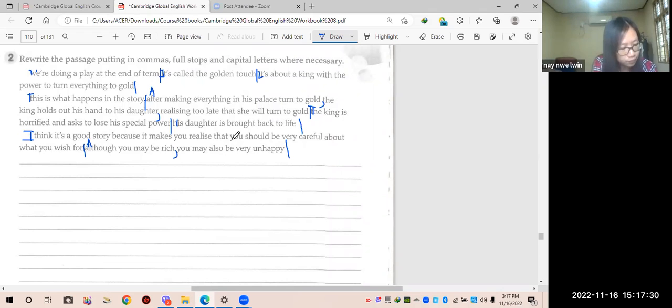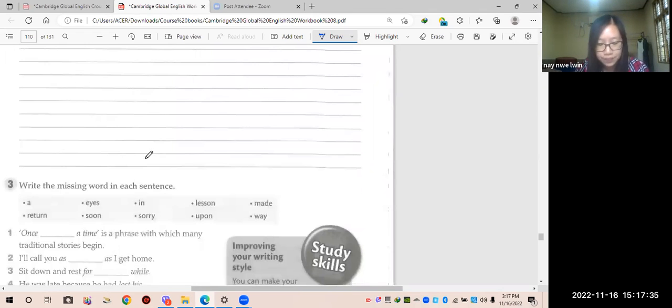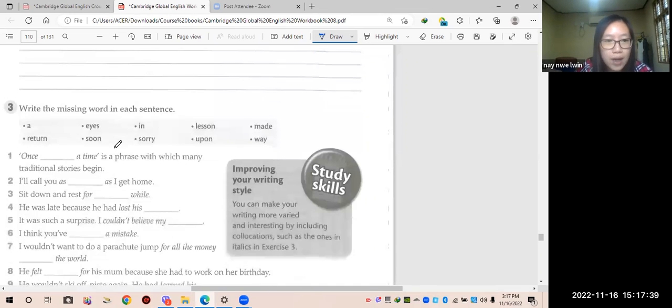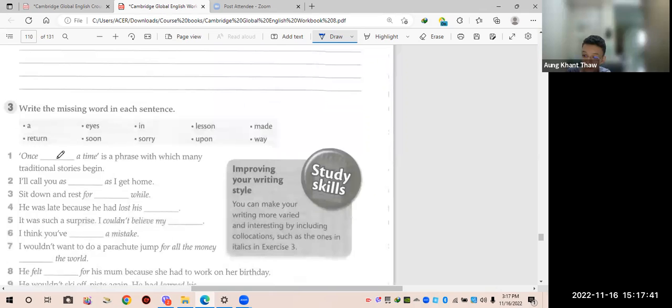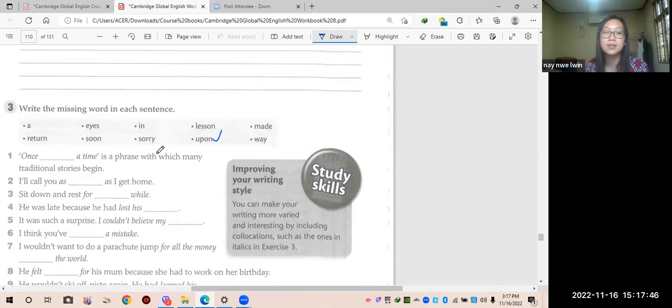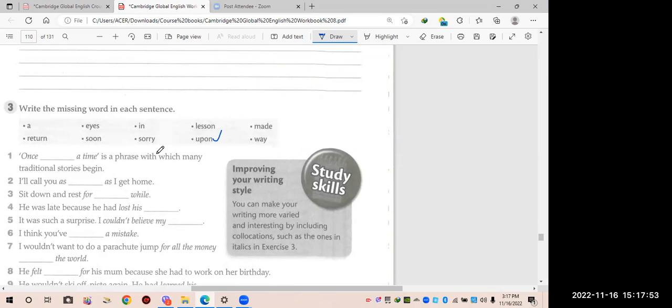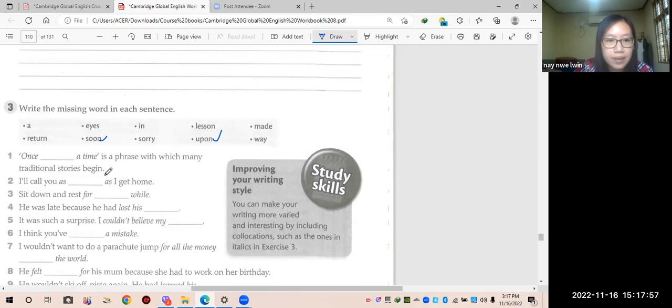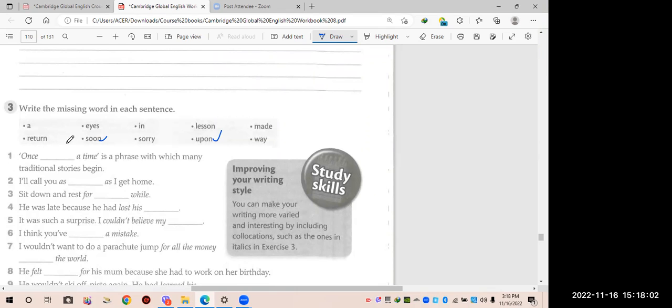So let's move to 3. Write the missing words in each sentence. Okay, that is quite easy, right? So, once upon a time. Once upon a time is a phrase with which many traditional stories begin. So how about number 2? I will call you as soon as I get home. So as soon as, right? And 3, sit down and rest for a while.